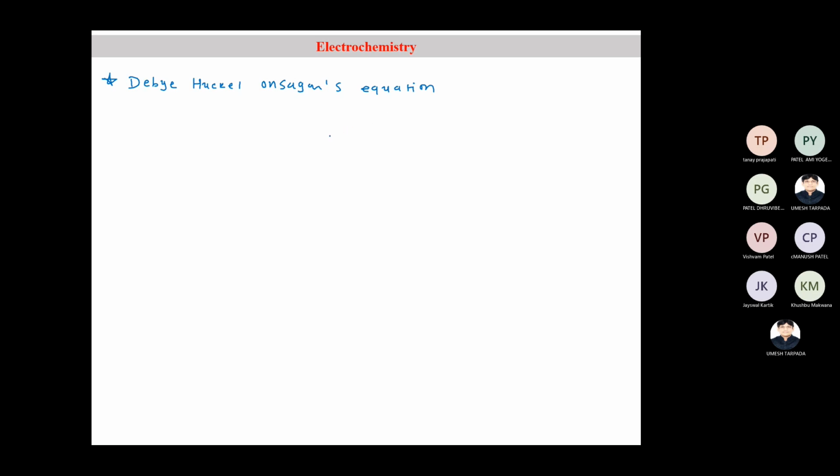So see, it is nothing but lambda C is equal to limiting molar conductivity minus B under root C. We can say under root small c.